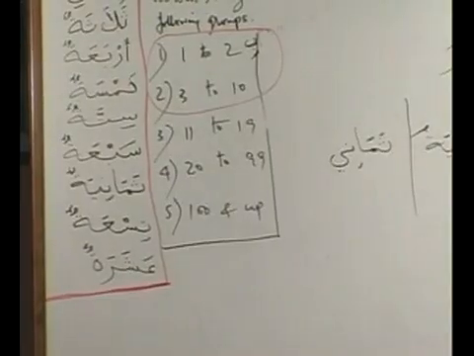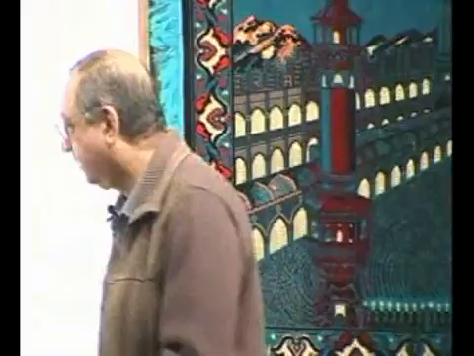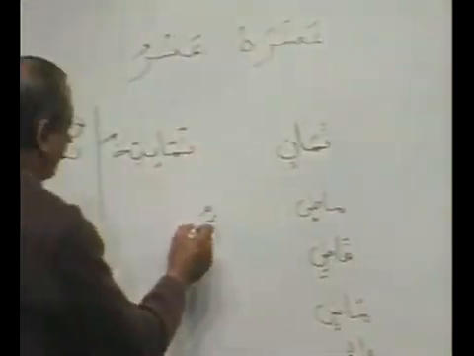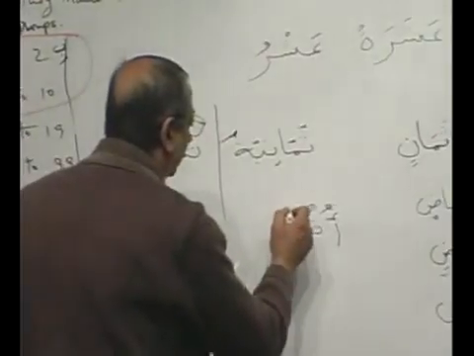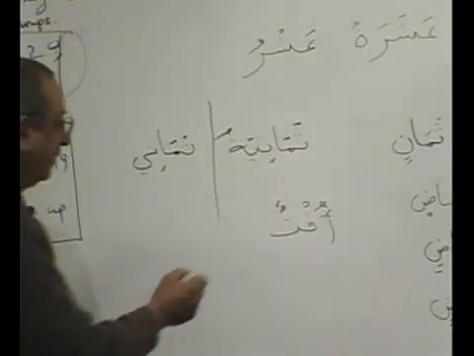But in this, see, where? Akhawatin. Look at this. Ukhtun. What is ukhtun? Muannas. What is the jama of ukhtun?